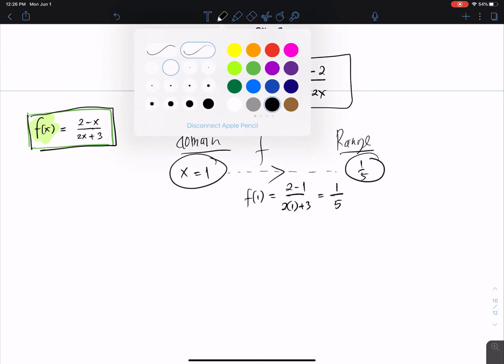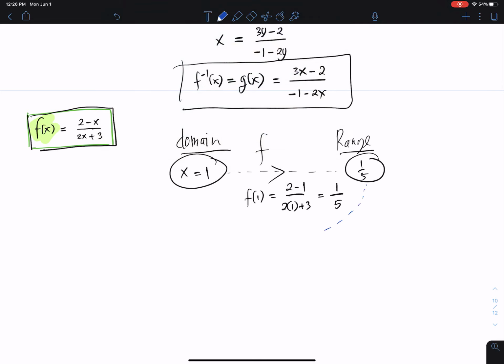Now let's try to bring this 1 over 5 back to the domain. Is it a must to go back to 1 if we are using the inverse function, which is g(x)? So g(x) is (3x minus 2) over (minus 1 minus 2x), as we found here.